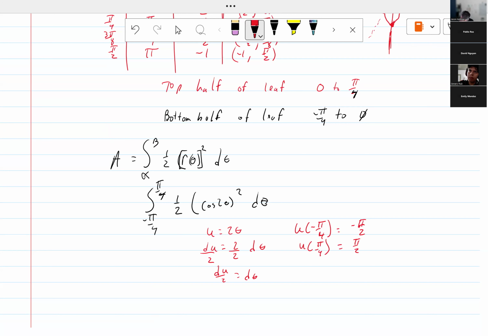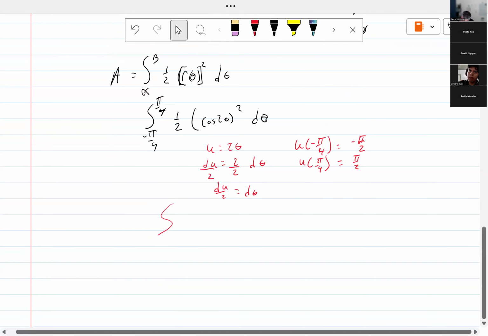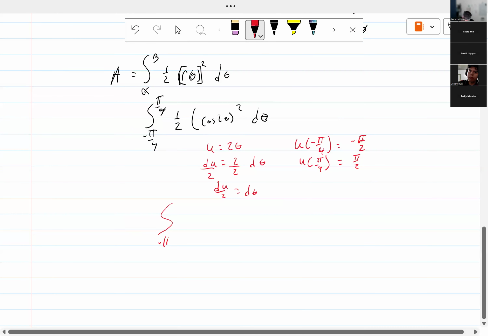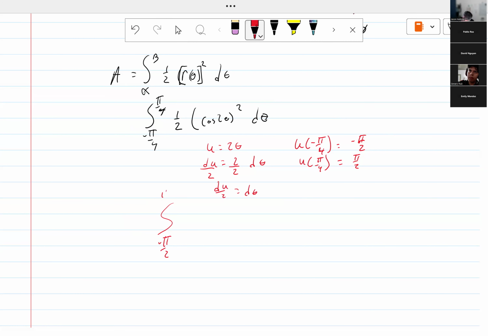So if we change our limits of integration to negative pi over 2 to pi over 2, this is going to become 1/2 of cosine of u squared times du over 2.